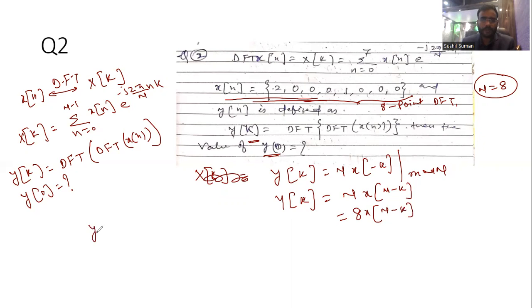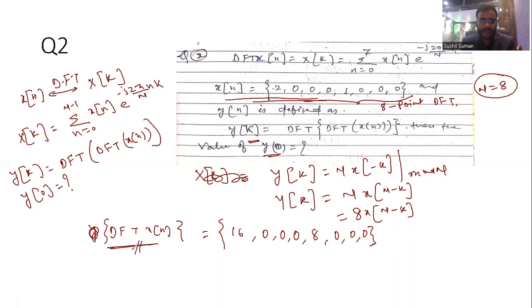So first the DFT of x of n becomes 16 0 0 0 8 0 0 0.